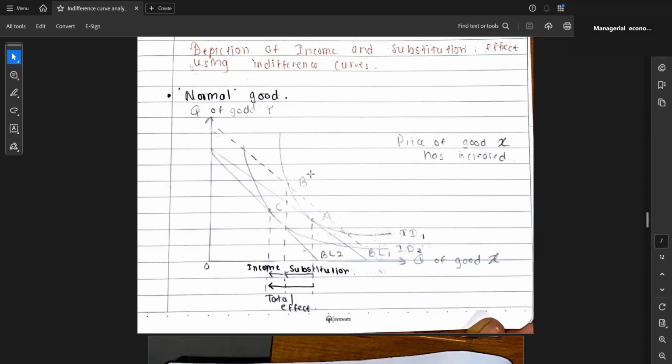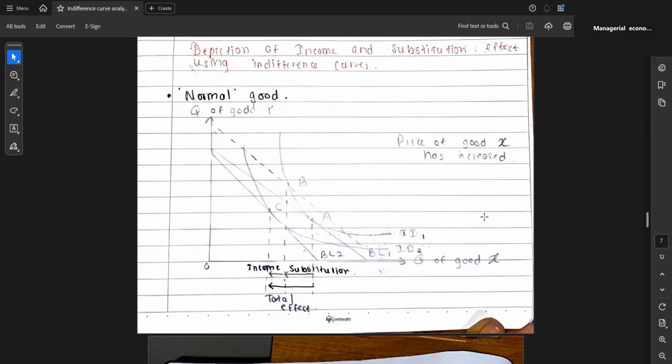However, as you can see, you do not have the income necessary to purchase the bundle at point B. So you have to move towards point C. You have to settle for a lower level of satisfaction because you do not have the income.